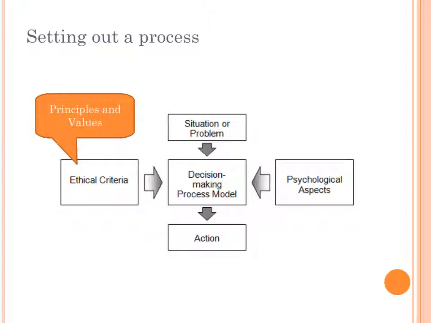Now you might think this is irrelevant, but whatever we do in the middle has to result in an action, so the psychological aspects are important, because they can affect what we're prepared to do, and how other people might react to what we do. So I think that both the ethical criteria and the psychological aspects of decision making need to be considered, as well as the actual process.